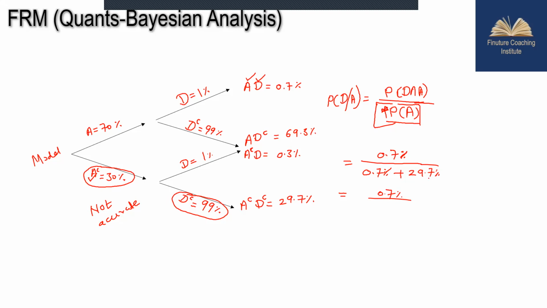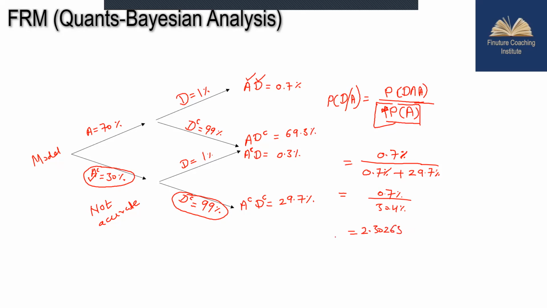Let's calculate this. 0.7%, and this would be how much? It would be say 30.4%. Let's divide these two. 0.7% divided by 0.304. So it comes around 2.3026.